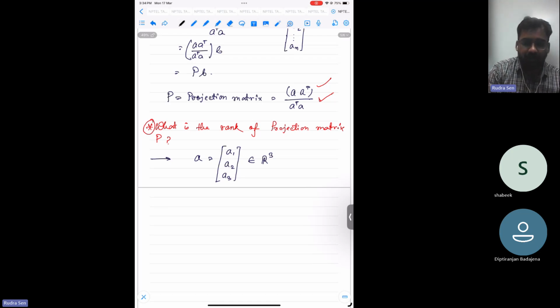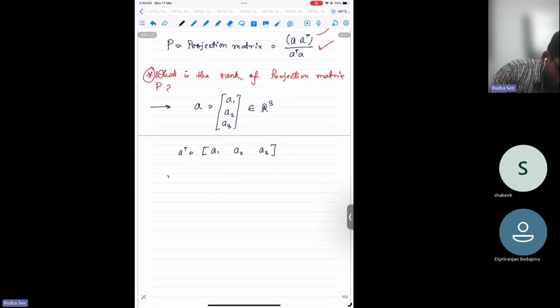It won't be a rectangular matrix, right? So what would be A transpose? A transpose is something like A1, A2, and A3, right? So when you multiply A with A transpose, what will you get?